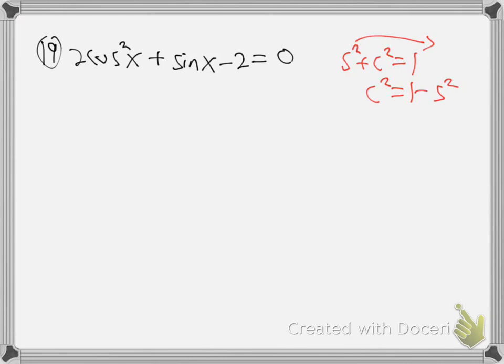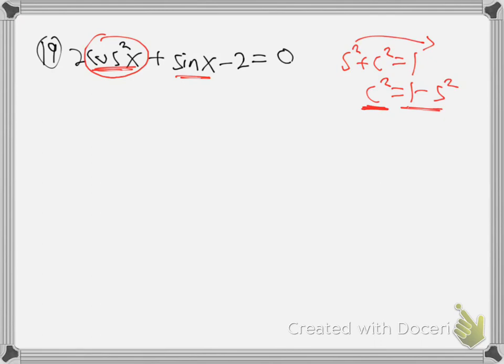So whenever you see cosine squared and regular sine, that's when you think, just replace this guy. It's always the squared one. We never mess with the regular. We don't have any formulas involving regular sine or regular cosine. That stays. But the cosine squared can be replaced with 1 minus sine squared.